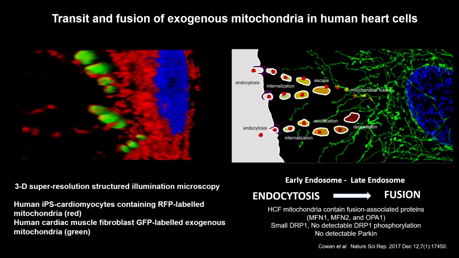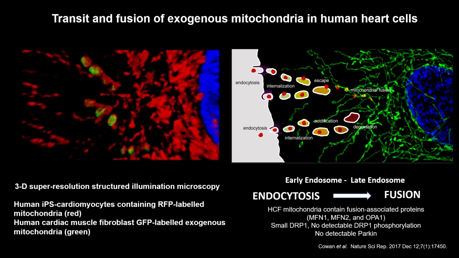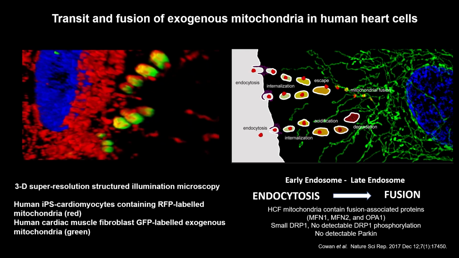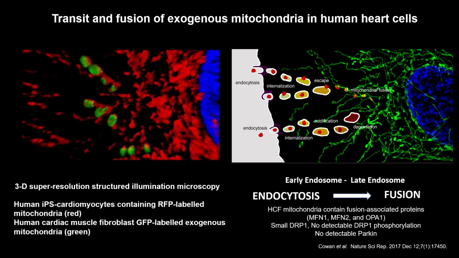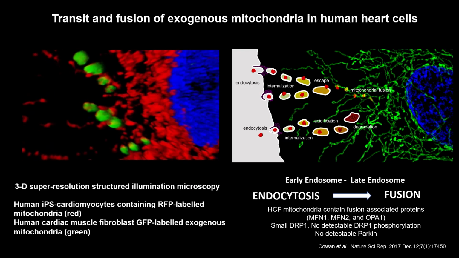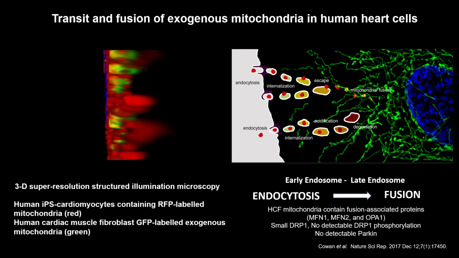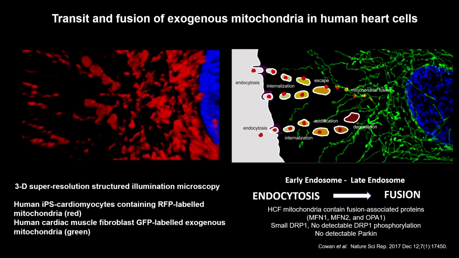So this is actually a movie, and this was all done by a colleague of mine who was locked in a room over at Harvard, at the center, and Doug Cowan did all of these. What he did was he labeled a human cardiac cell line with all of their mitochondria red.